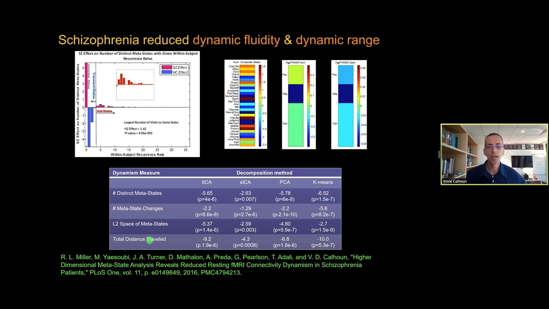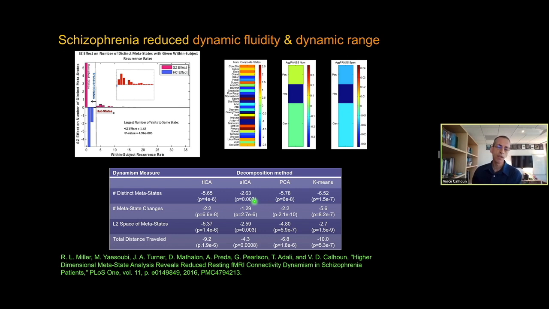One of the things I like about this is that you can compute states themselves using various approaches. We can cluster, as I mentioned, using k-means. We can use principal component analysis or temporal or spatial ICA. And if we compare the number of distinct metastates, or all 4 of these measures actually, between patients and controls, we get similar overall indicators telling us that we've got reduced dynamic fluidity, reduced dynamic range in the patients.